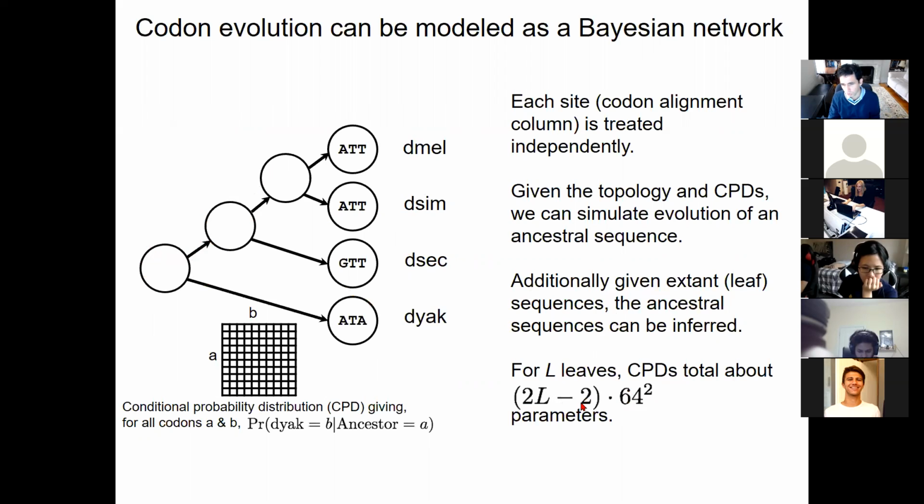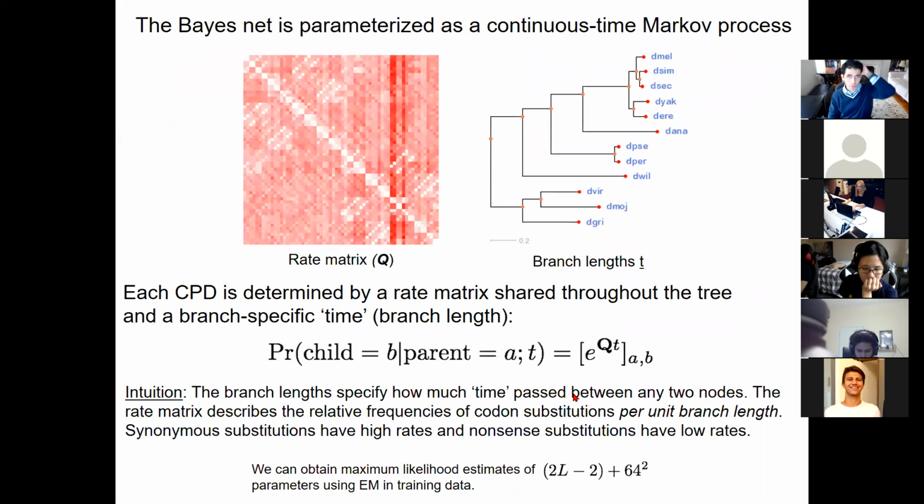It's basically (2L minus 2) times 64 squared parameters. But the problem here is that instead of having a different substitution matrix at every branch, we're going to couple them and think about a single substitution matrix for the entire tree, therefore limiting that number of parameters.